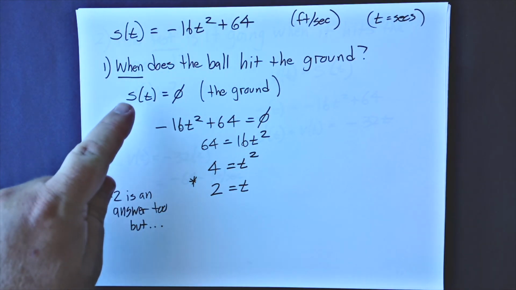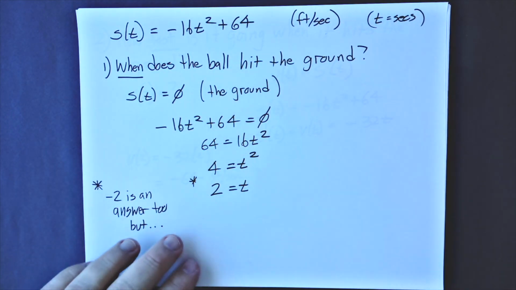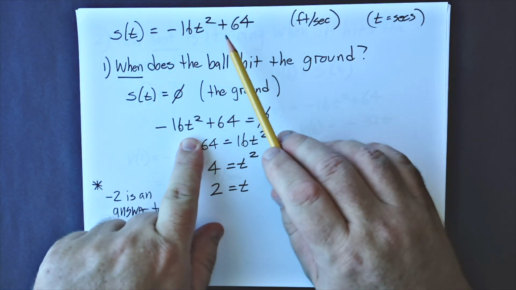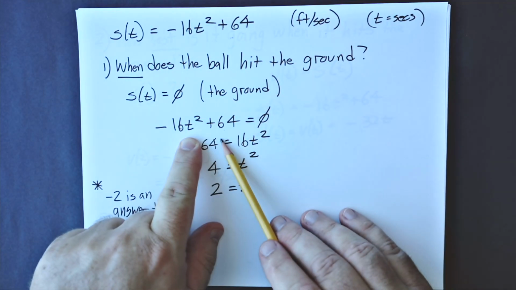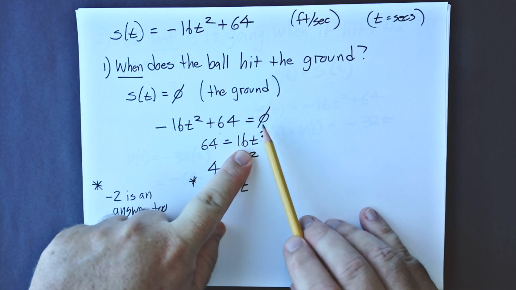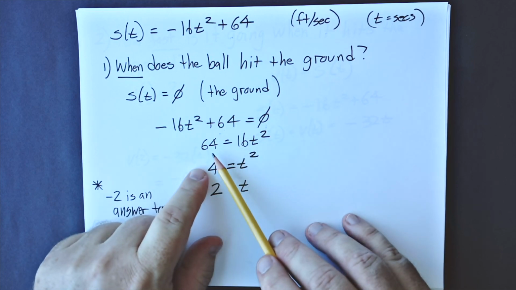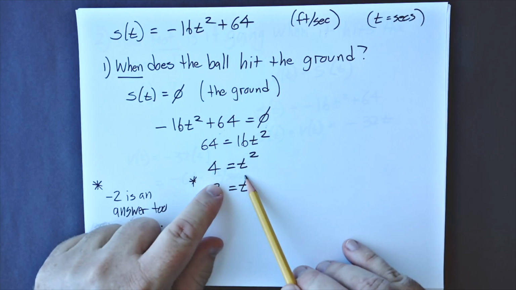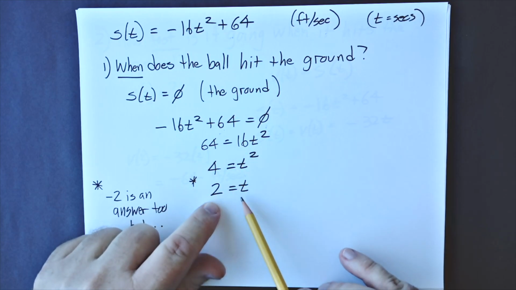So position 0, when does that happen? Well, what's the position function? The position function is given to you right here. I'm going to set that equal to 0. When is the position of the object at the ground, at 0? And so we just solve for this. We move the 16t squared over, divide by 4, and then take the square root, and I get 2 seconds.